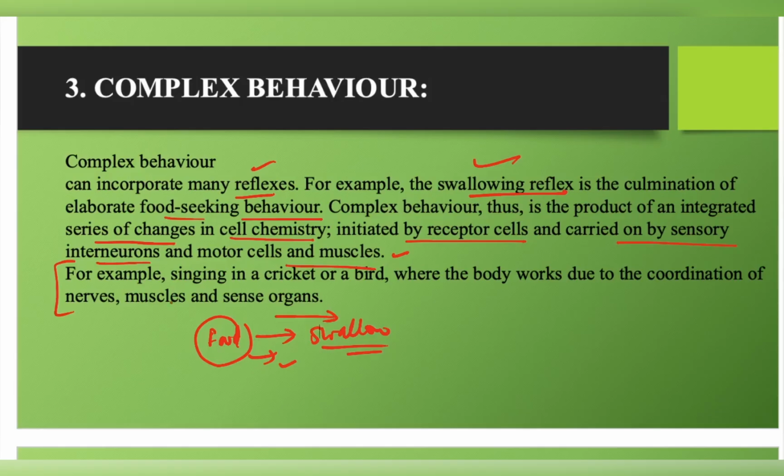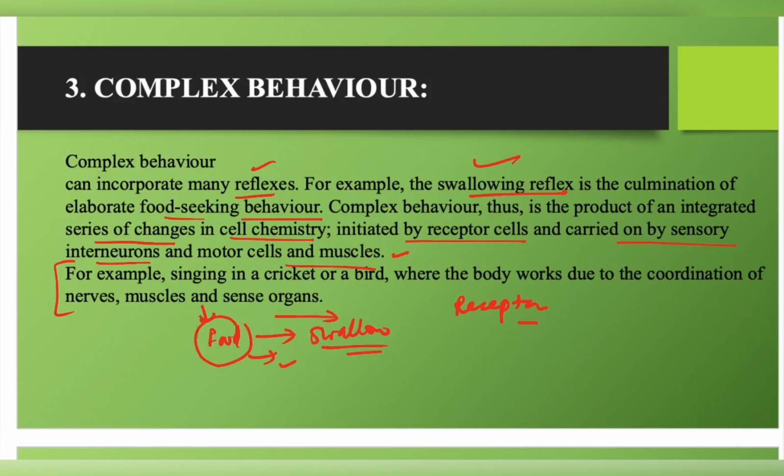So that swallowing action has a certain series of changes, and those changes are initiated by certain cell receptors. The cell receptor receives a kind of stimulus, which is the food in your mouth. When you try to swallow the food, certain muscles start contracting and relaxing simultaneously, so the peristalsis can occur.